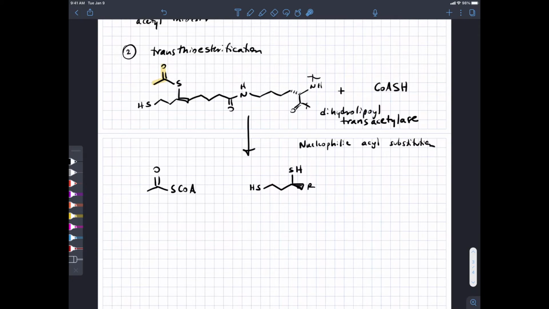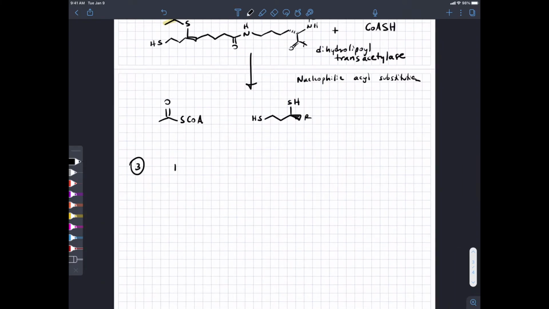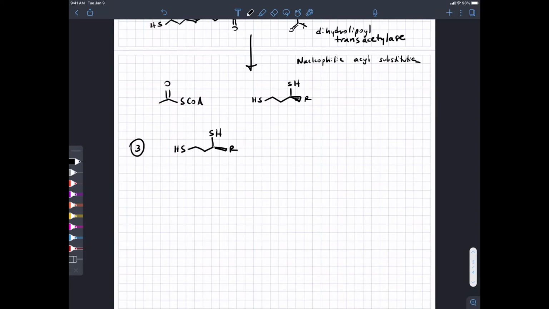The final step is pretty complicated, and so we're not going to worry about the mechanism of this. Basically, you're going to take the dihydrolipoyl group and oxidize it back to the disulfide so that you can do the reaction again. And the mechanism involves FAD as a cofactor, NAD plus as an oxidant, and the enzyme is called dihydrolipoyl dehydrogenase.